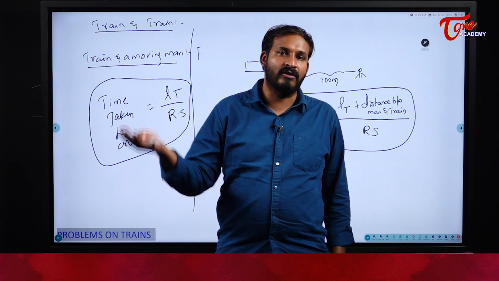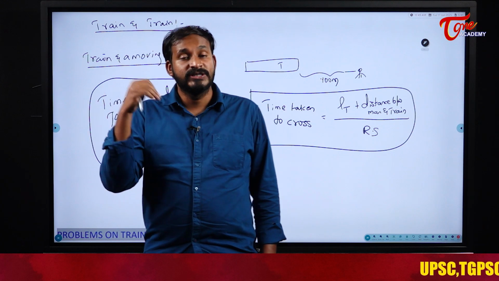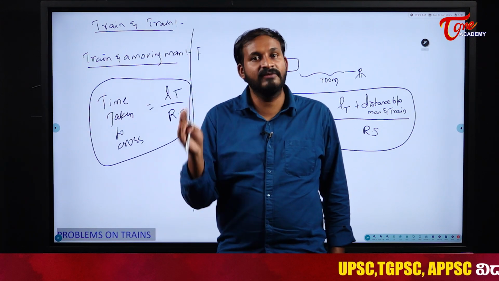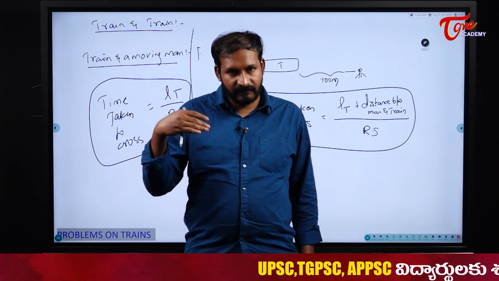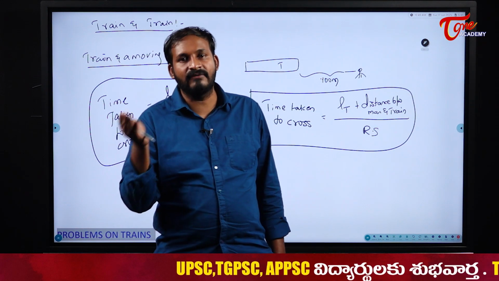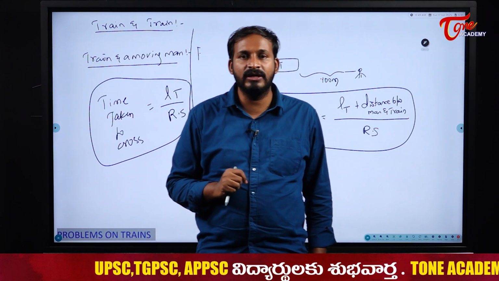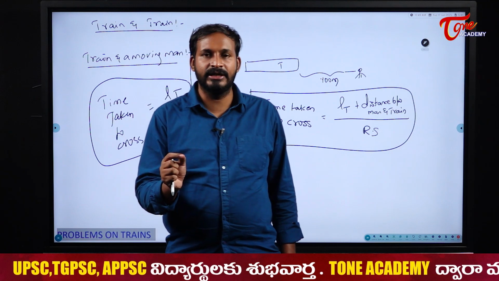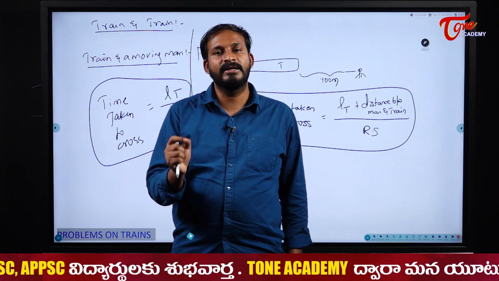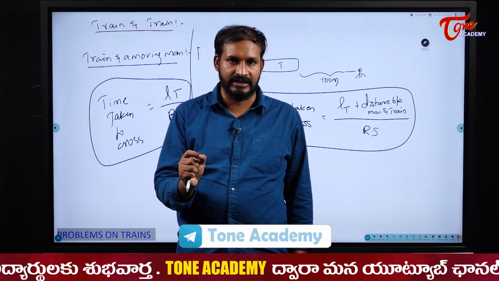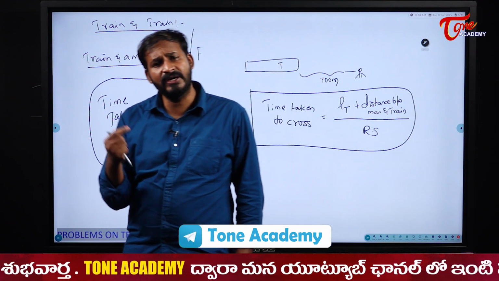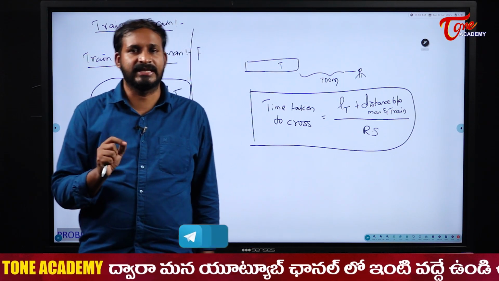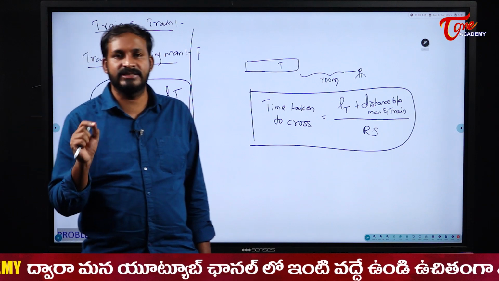Similarly, while solving the problems, if they give you speed in the question, it will be in kmph. So before substituting it in the formula, please convert it into meters per second and then only substitute. Why? Because as I already told you, length of the train will be in meters, time taken to cross will be in seconds. So speed also should be in meters per second. Keep these things in your mind.